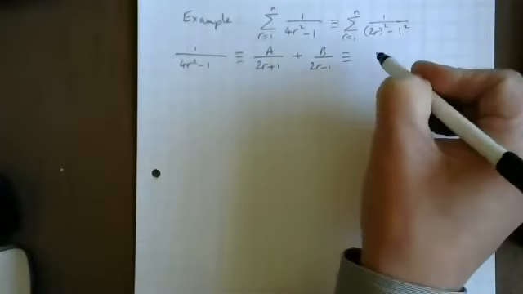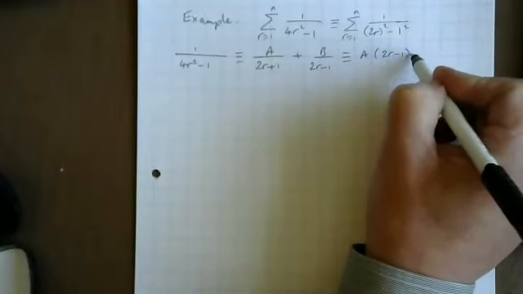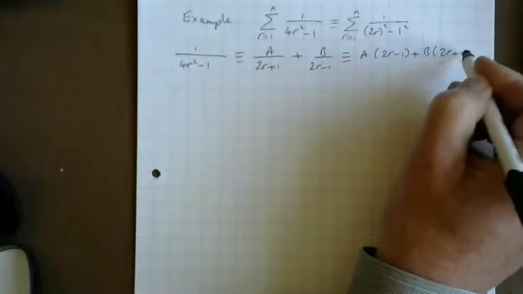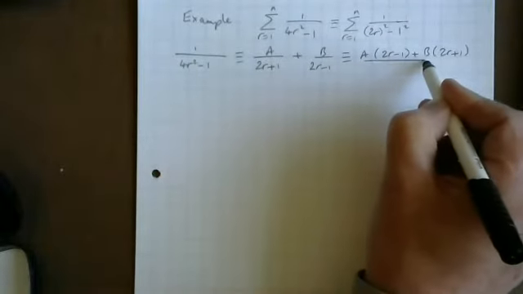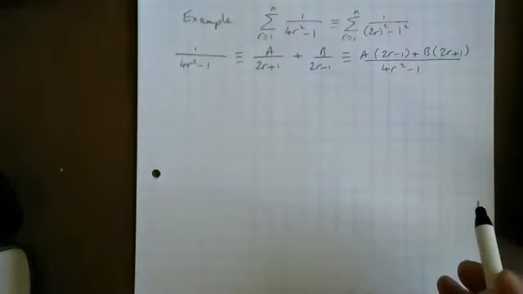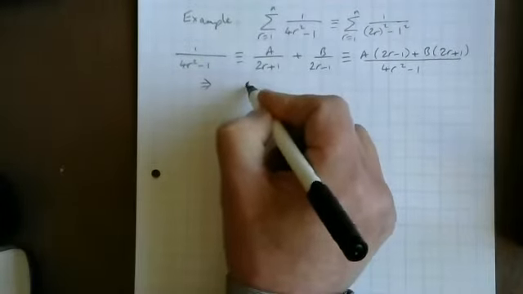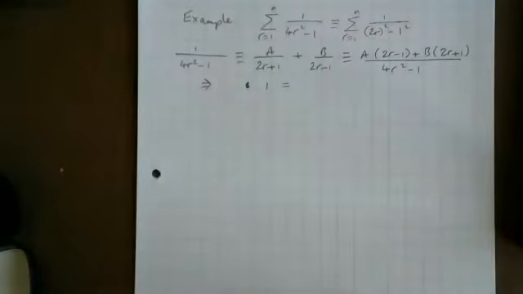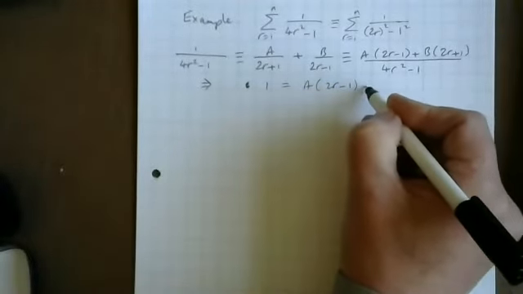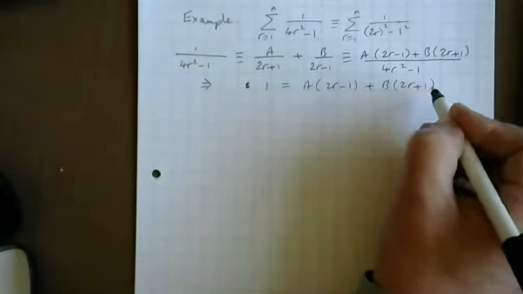But that's the same as a times (2r minus 1) plus b times (2r plus 1), over 4r squared minus 1. That implies 1 is a times (2r minus 1) plus b times (2r plus 1).